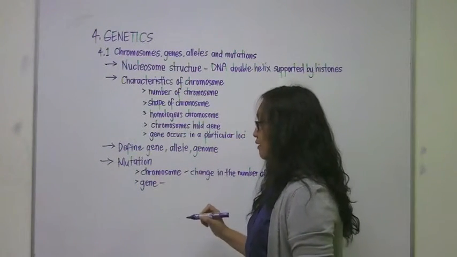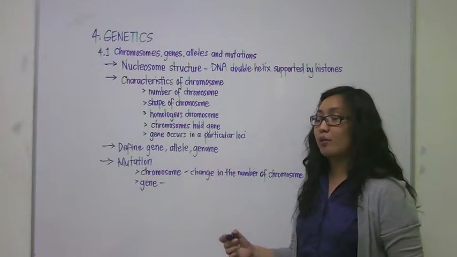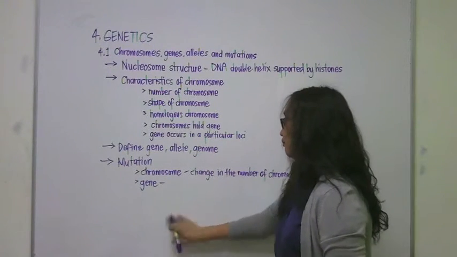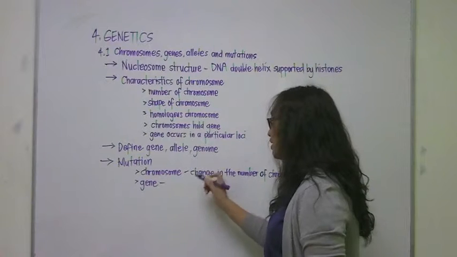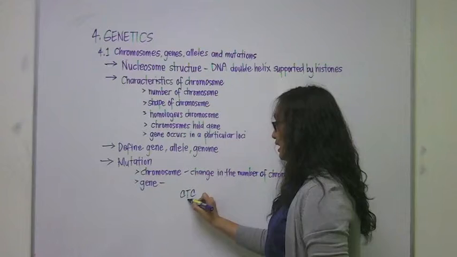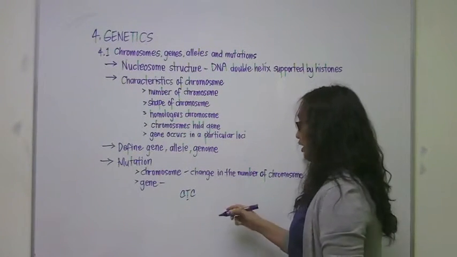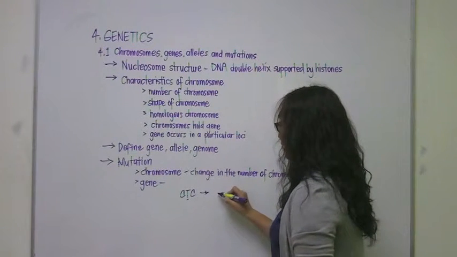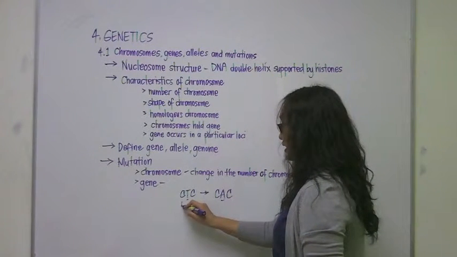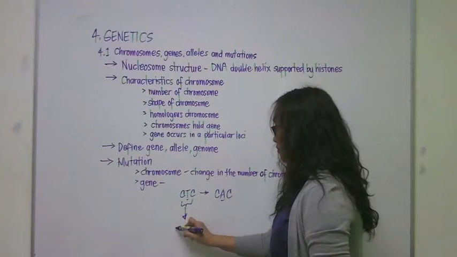A gene mutation occurs whenever there is a change in the base sequence. For example, in a normal gene we have the base sequence CTC, and then the base thymine is replaced by another nitrogenous base, A. Therefore, this codon is going to code for a different amino acid.